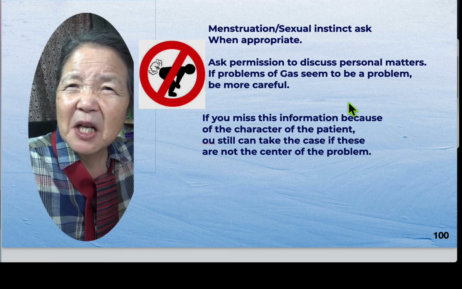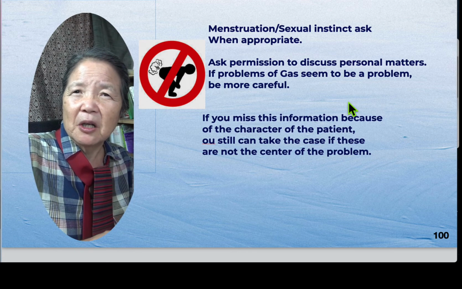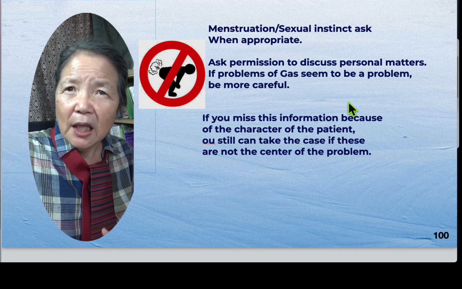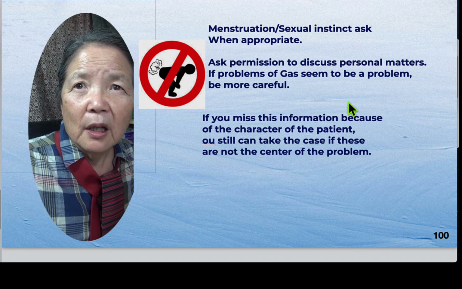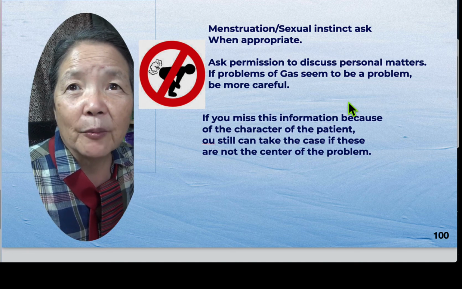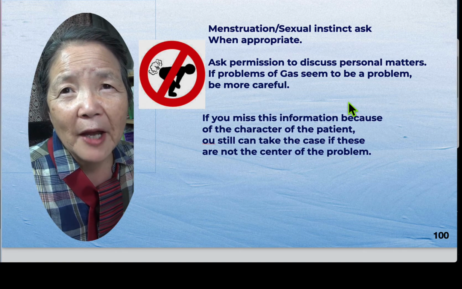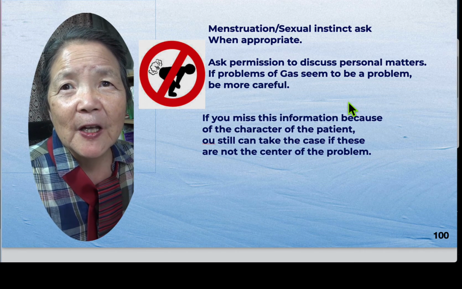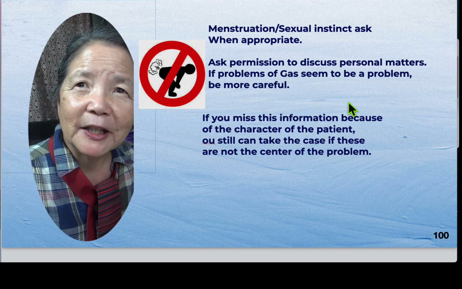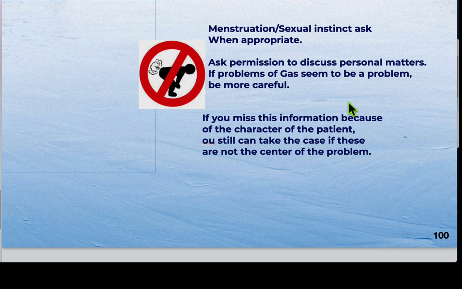If they seem like they don't want to talk about anything personal, anything to do with the hidden parts of their body, then if you have enough rubrics, definitely be conservative. You don't have to take risks.